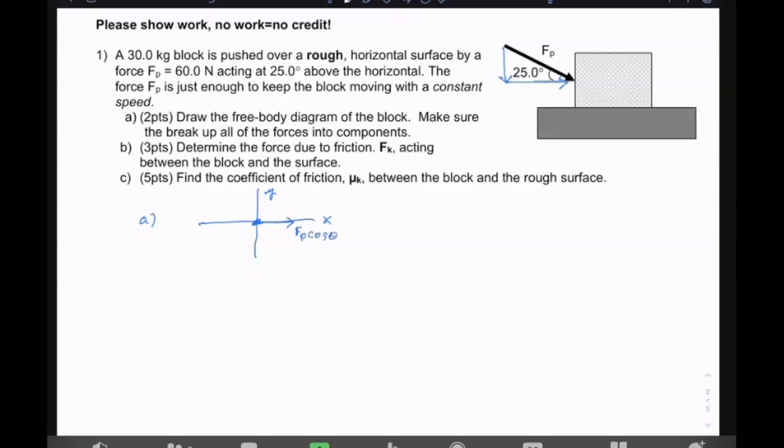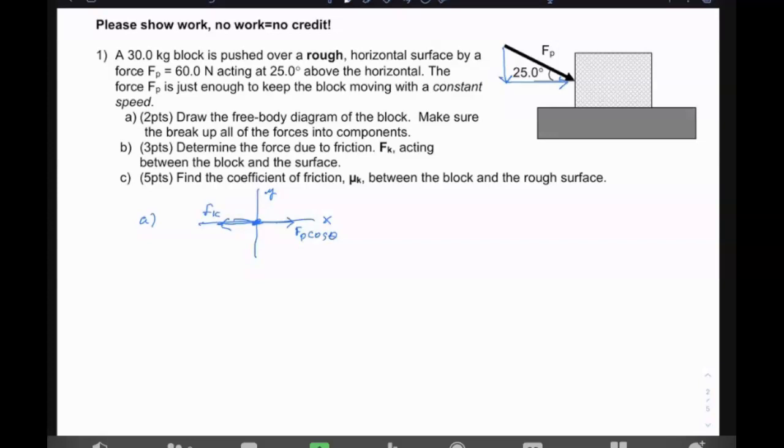And it has an equal and opposite force in the minus x direction, F sub k. And we know it's equal because they tell us that it has a constant speed, so there's no acceleration. So the forces must balance.